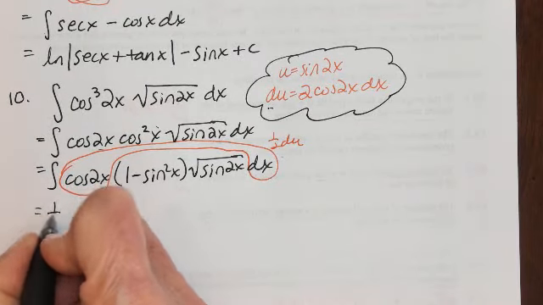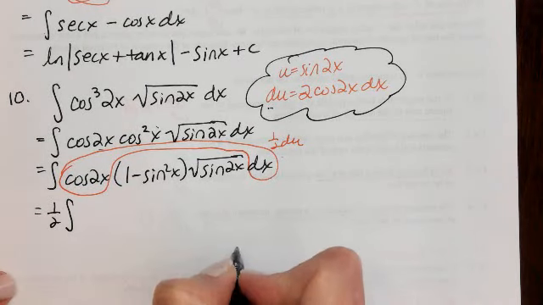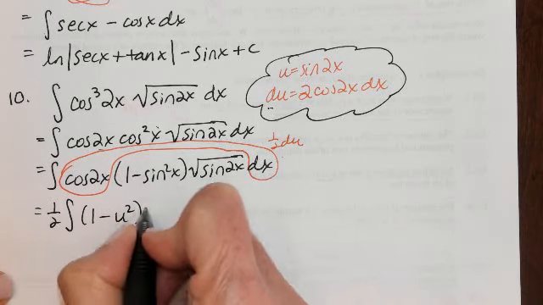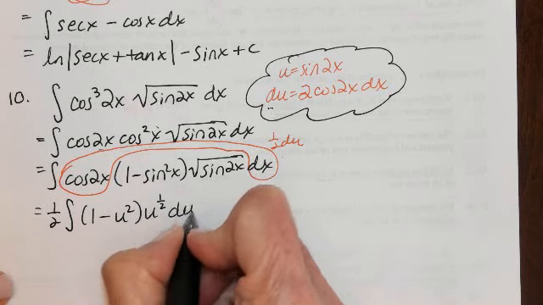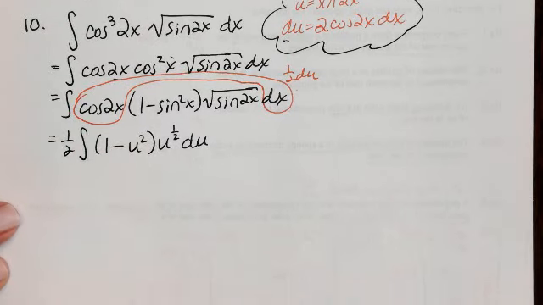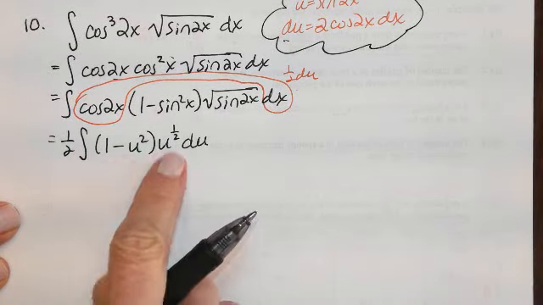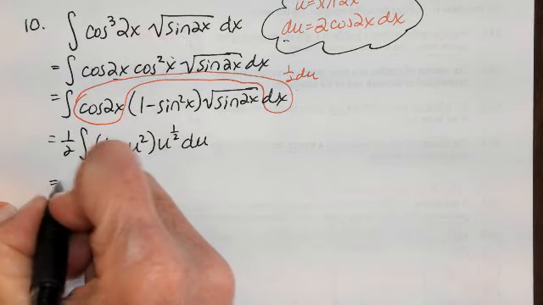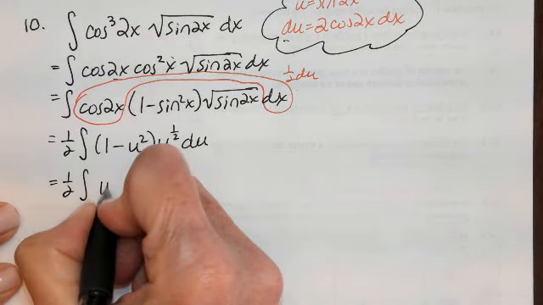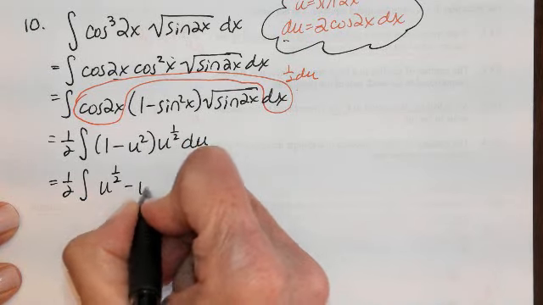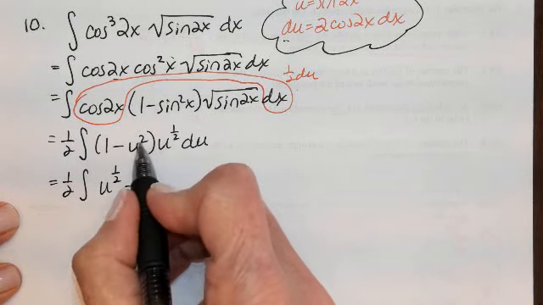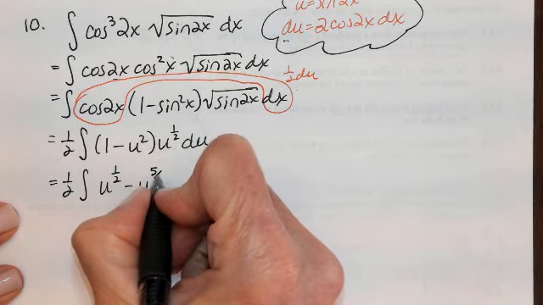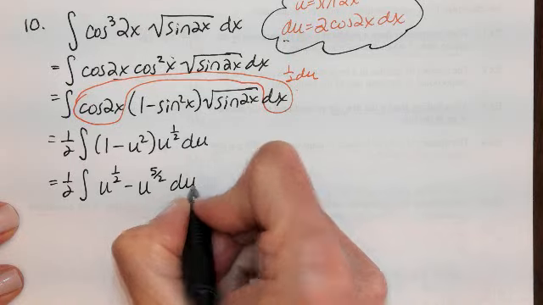So we have 1/2 integral 1 minus u squared times u to the 1/2 du. Now we can do this because we can distribute that u to the 1/2 through the parentheses. This will be u to the 1/2 minus u to the, we're adding the exponent, so 2 plus 1/2, right, is 5/2 du.